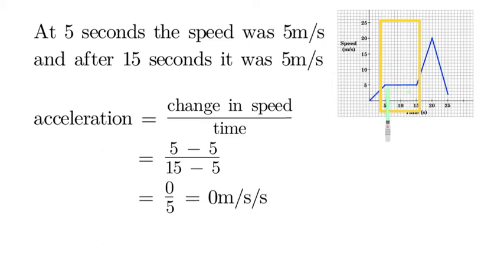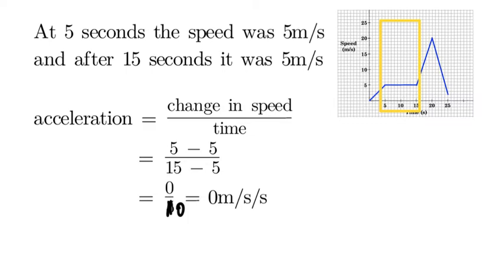Number 2, now we've got the flat line. And we know that the flat line means that we've got a constant speed. If we've got a constant speed, we're not changing it. So our normal thinking would say it's 0, but let's prove it. The speed at 5 seconds is 5 metres per second. The speed at 15 is 5 metres per second. So 5 minus 5. This time is 15 and the other time is 5, so the change in time, oops, that's bad math there, Mr. Carson, should be 10.